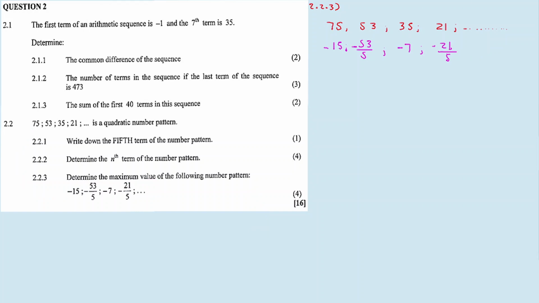Instead, there's a relationship which exists between the two. So instead of finding the n term of this pattern, I can use the n term for the old pattern, so Tn is equal to 2n squared minus 28n plus 101.